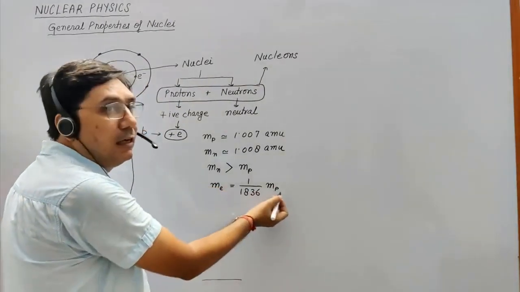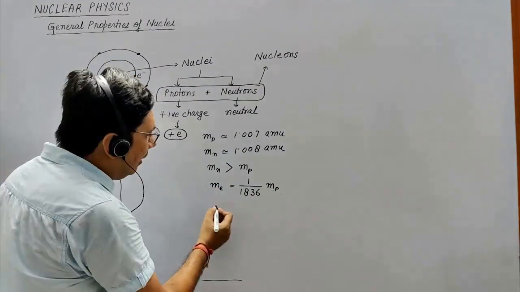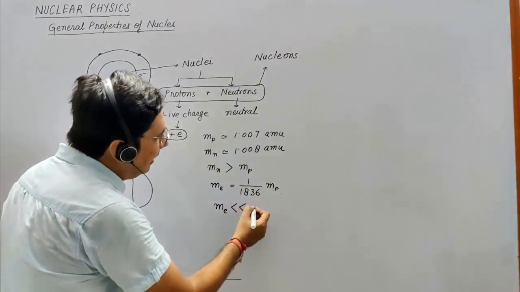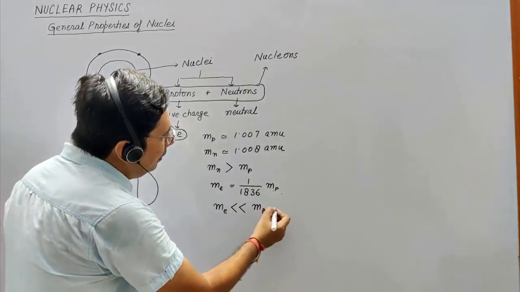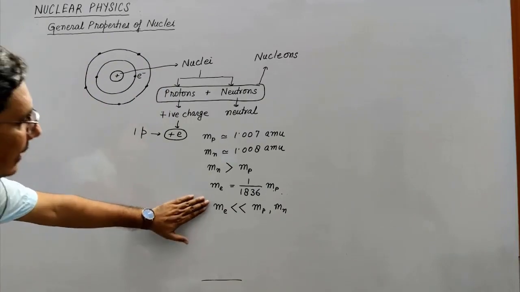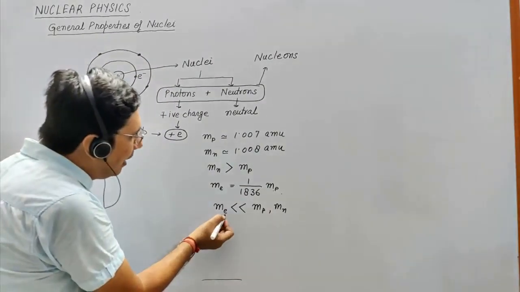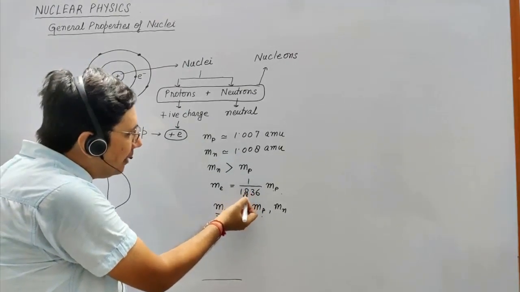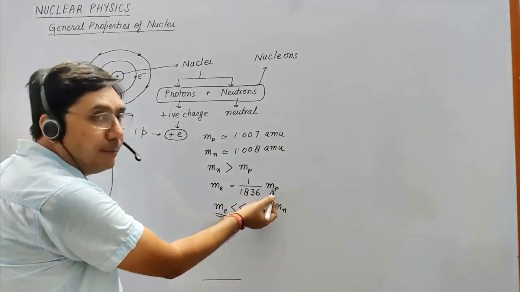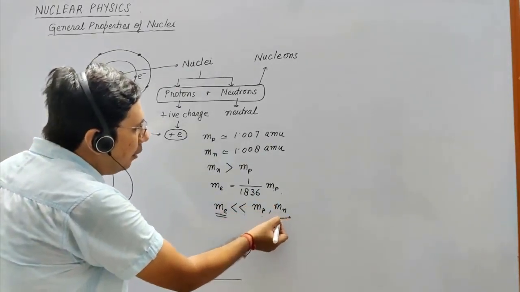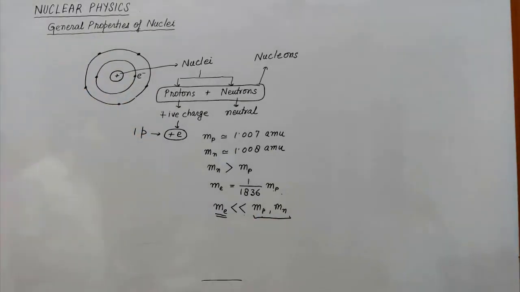So the mass of the electron is much lesser as compared to the mass of the proton, as well as the mass of the neutron. Because the mass of the electron is very small, most of the mass of the atom is automatically carried by these two particles, protons as well as neutrons.